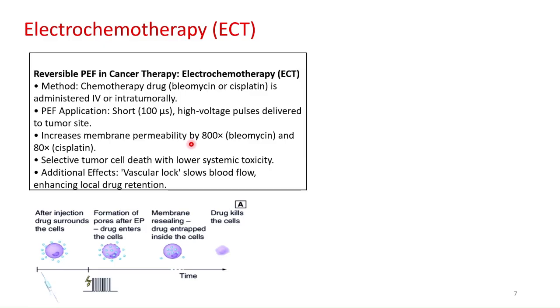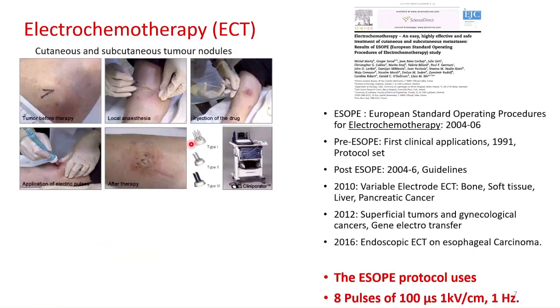Okay. So this was taken up in Europe as an ESOPE project in 1991, and by around 2004 to 2006 they had guidelines for electrochemotherapy (ECT). Okay, and so this is an example from their conclusion paper, where you have a lesion, skin cancer, mostly melanoma.